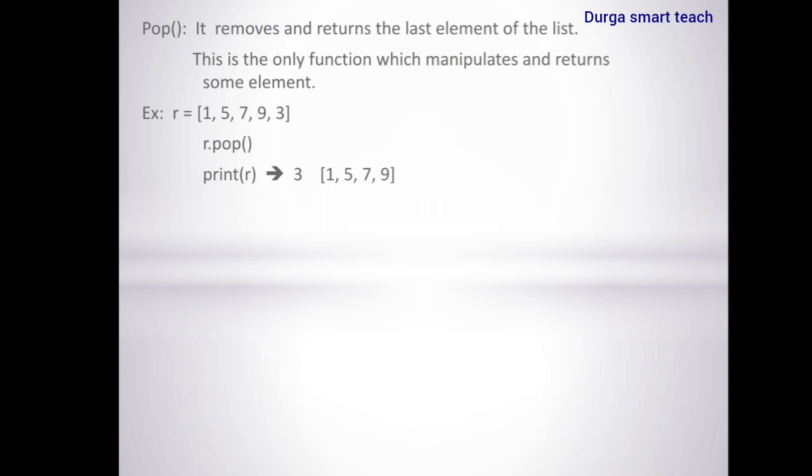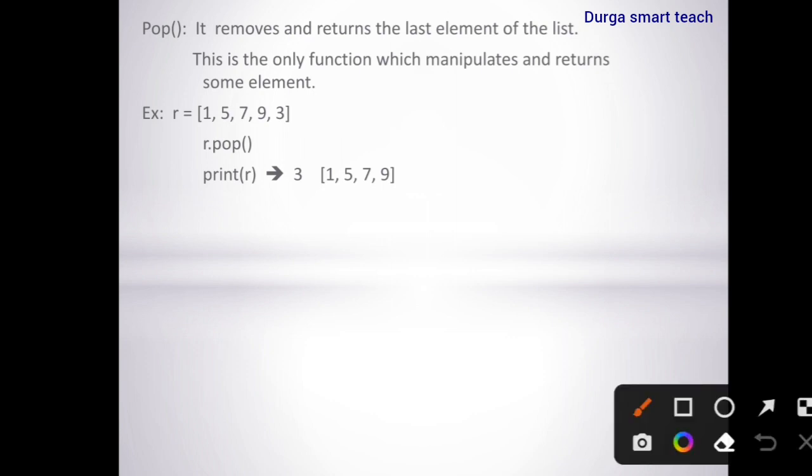Next, the pop method. The pop method is used to remove and return the last element of the list. It will remove whatever element is in the last position. This is the only function which manipulates and returns an element. Here it contains 1, 5, 7, 9, 3.